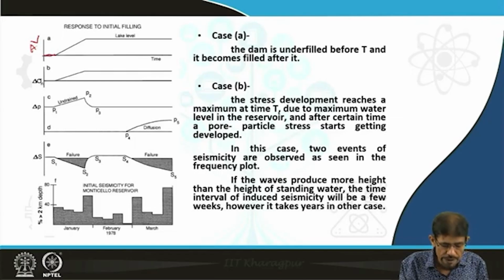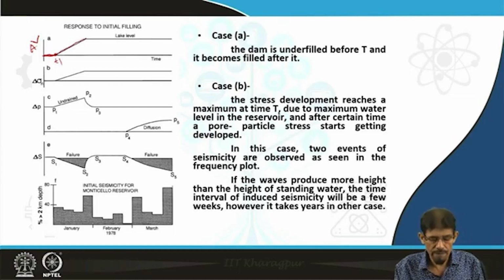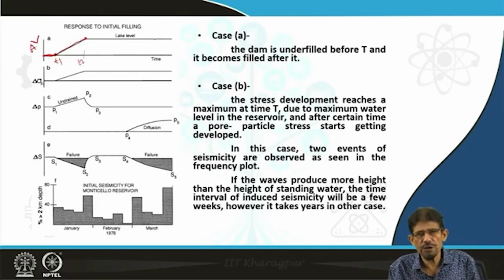This zone indicates there was no water, then after considerable time there is an increase in water level with increase in time, and after considerable time T2 this reservoir has reached the original level as per the specification of the dam authority.